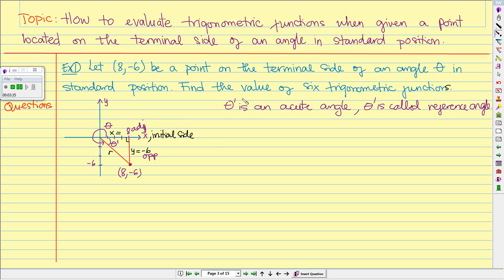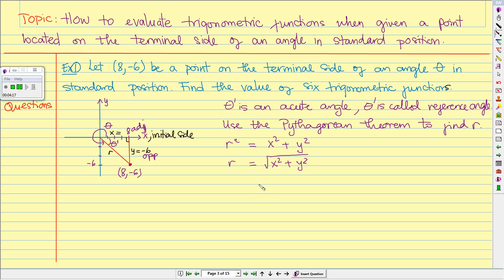But we do not know the hypotenuse r, so we go ahead and find the hypotenuse now. First we're going to use the Pythagorean theorem to find r. So we have r squared equals x squared plus y squared, or r equals the square root of x squared plus y squared.